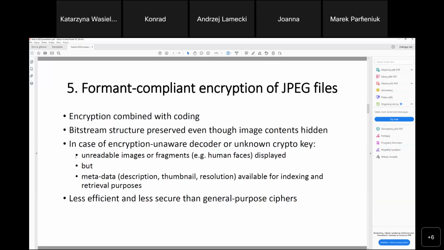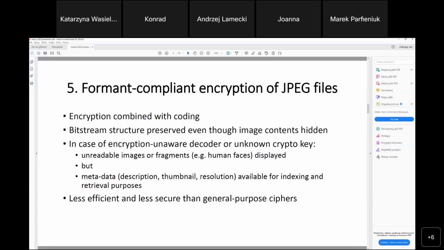But regardless of whether the image is encrypted or not, there is always access to metadata, image description, thumbnail, resolution, which can be used for indexing and retrieval purposes.